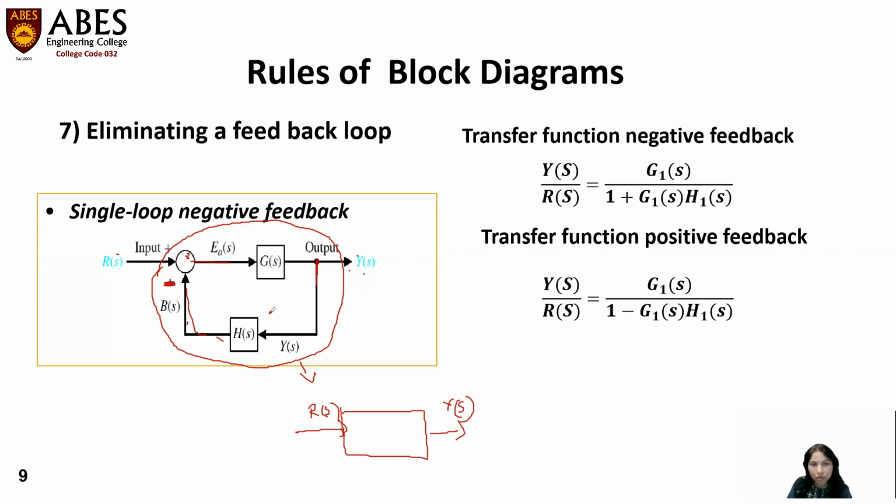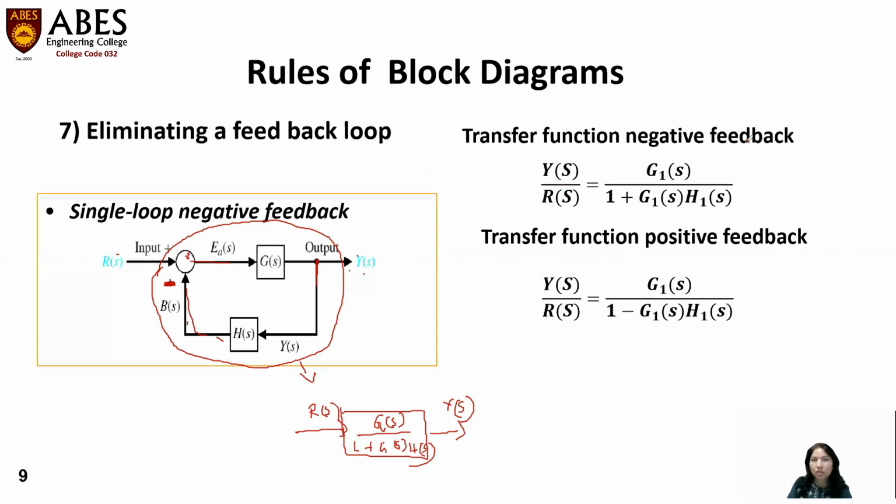So the transfer function of this negative feedback we can directly use, because we have already seen the derivation in my previous lecture. For negative feedback, the transfer function we can write as G(s) upon 1 plus G(s)H(s). Right?